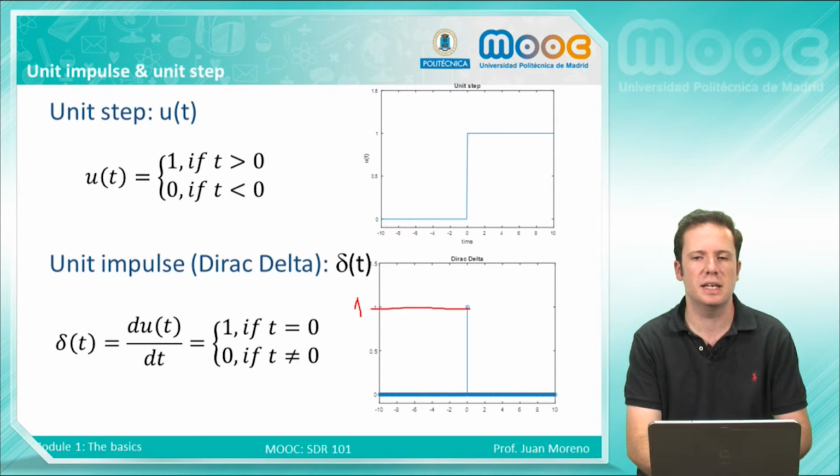And the unit step is a signal that has value 0 from minus infinity to 0, and then when t equals 0 it comes to 1. So here it's 1. Also, the Dirac delta is the derivative in time of the unit step.